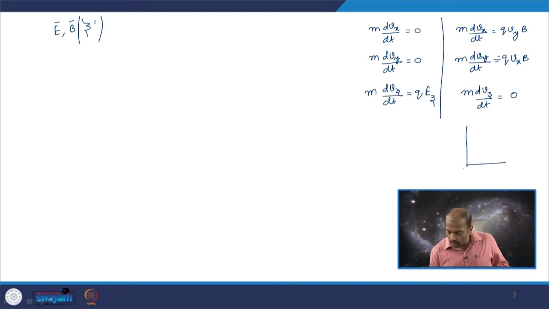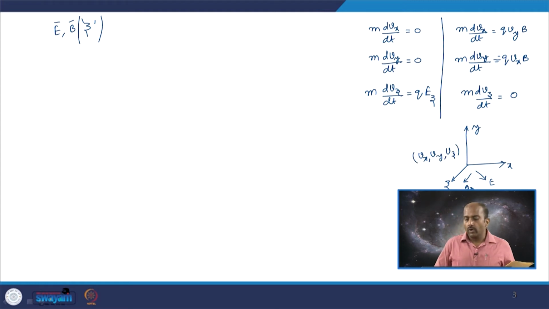So, we have the coordinate system like this, with x, y, z. For our reference, the magnetic field is in this direction, Bz, and the electric field is in this plane, right. Now the velocity components are Vx, Vy and Vz.